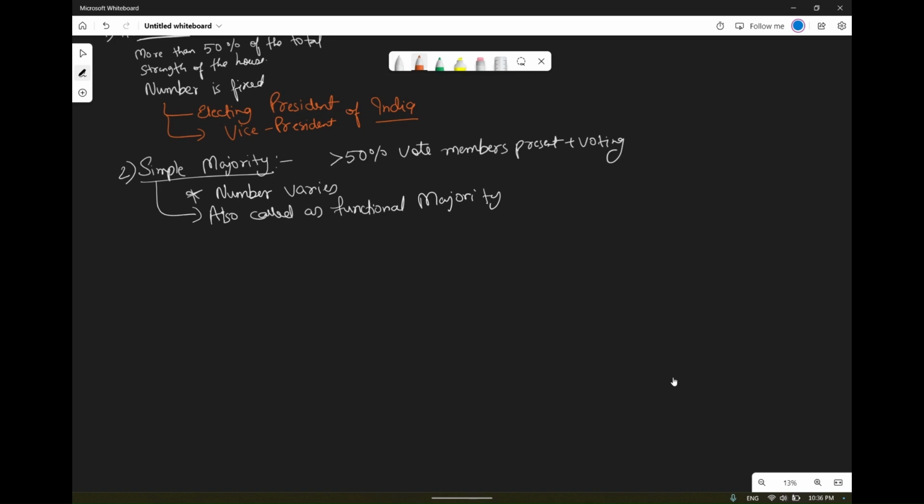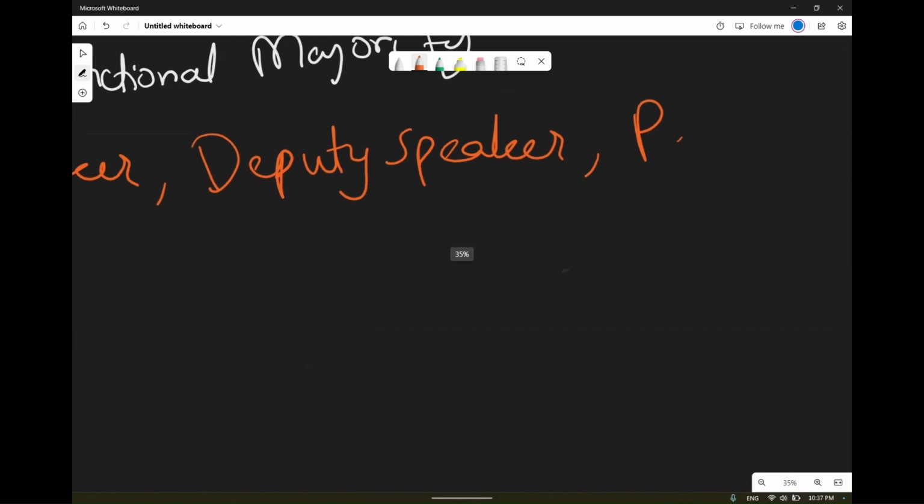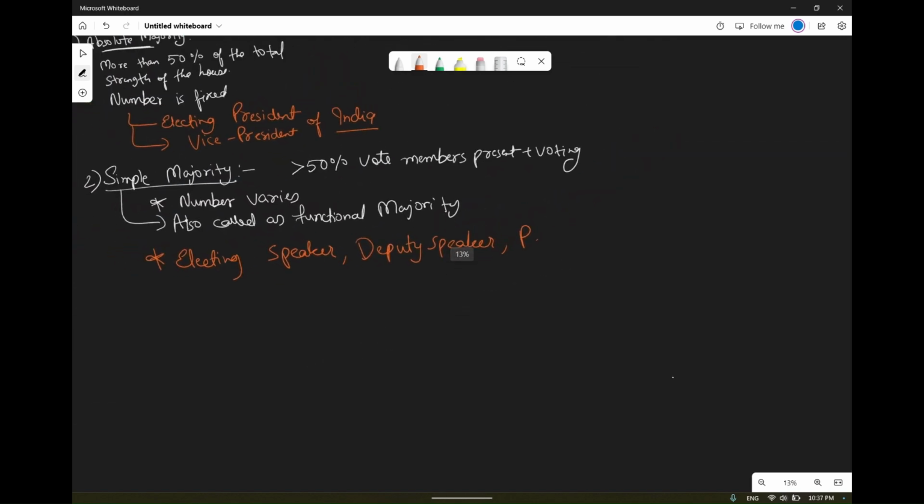Simple majority is required while electing the speaker of the house, deputy speaker of the house, then passage of the confidence motion, no confidence motion, adjournment motion, money bill.